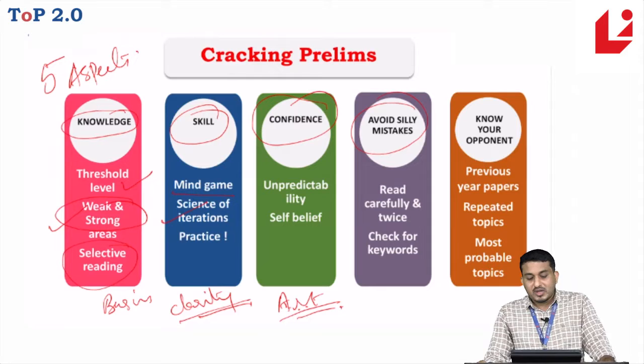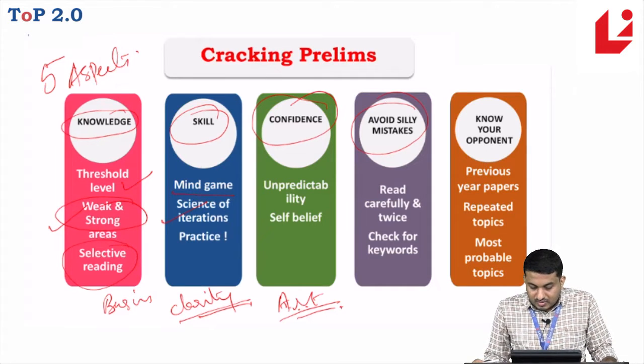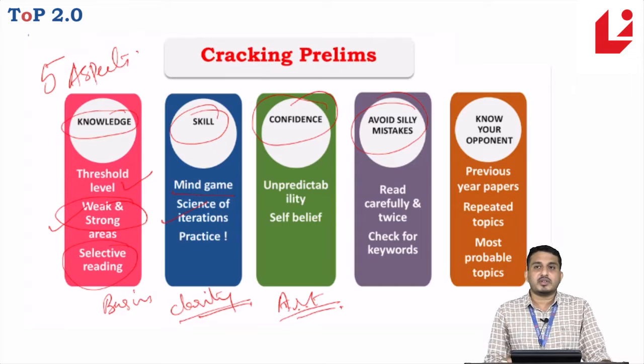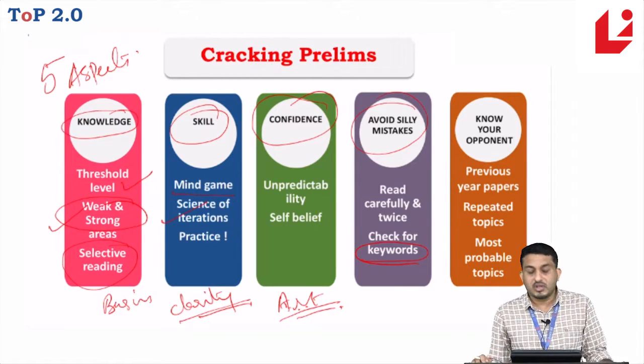Alright. Now, to avoid a silly mistake, another important thing is, you need to mark the keywords given in a particular question. You need to read the question twice and mark the important keywords.